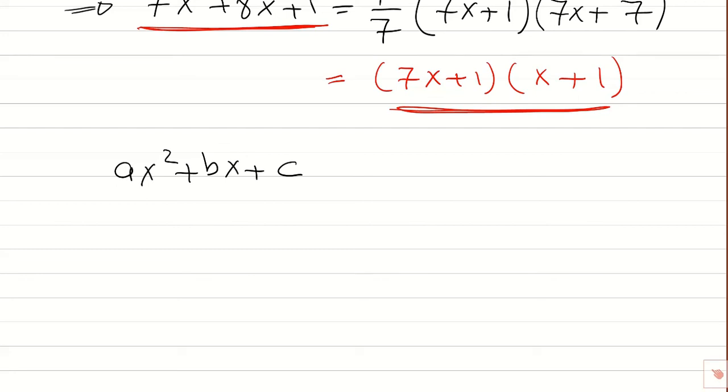I will completely explain how we can decide whether it is factorizable or not, and if it is factorizable, how we can factor it. You can check, for example, this one, x squared plus 4x minus 1.